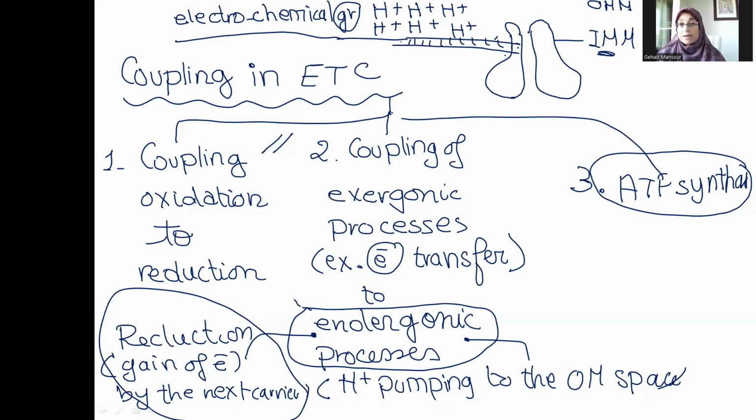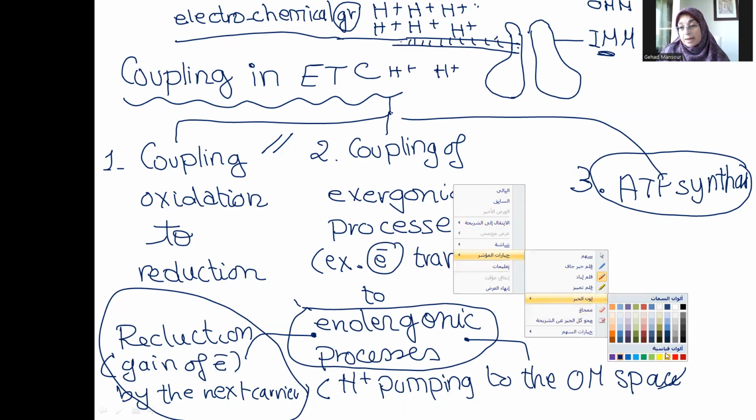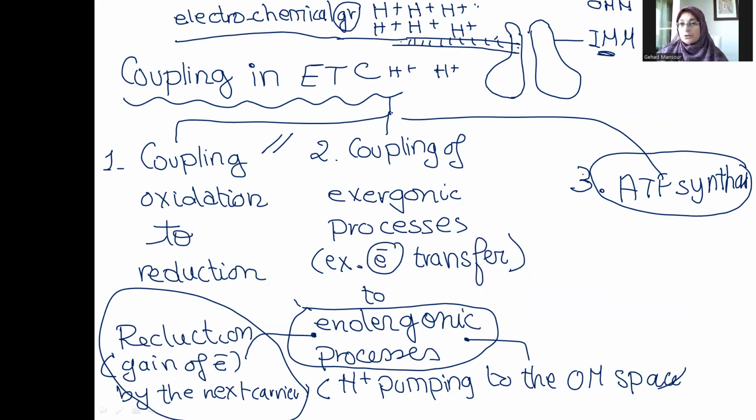Now, is there an electric gradient? Yes, because we have a lot of positive charge outside and we don't have similar positive charge inside, or maybe we have fewer positive charge inside. Is it a chemical gradient? Yes, when we say chemical gradient, we mean a difference in concentration. So it is also a chemical gradient because we have a concentration gradient.